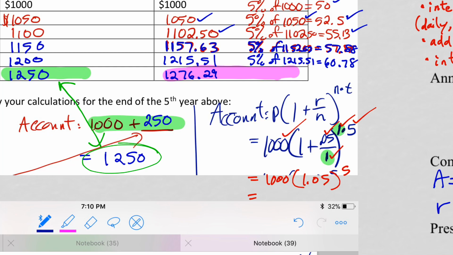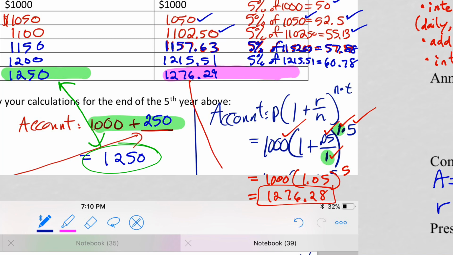So 1,000 parentheses 1.05 close parentheses, raised to the 5th power equals, and I get 1276.28. Okay, which is only off by a penny. It's because we've been rounding.